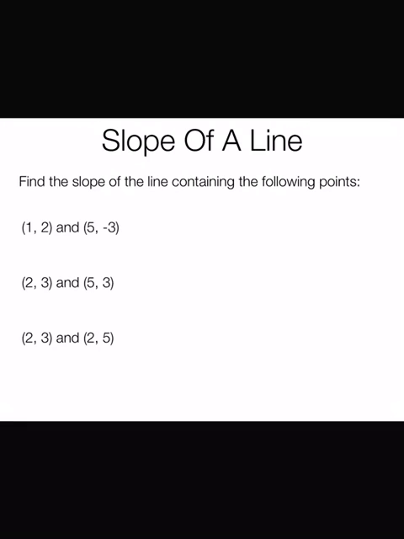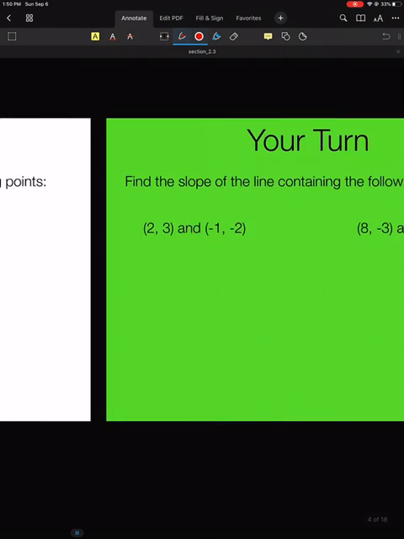So, here are 3 examples. Let's find the slope of each line. In this section, we're going to keep everything as a fraction, not a decimal, or almost always.